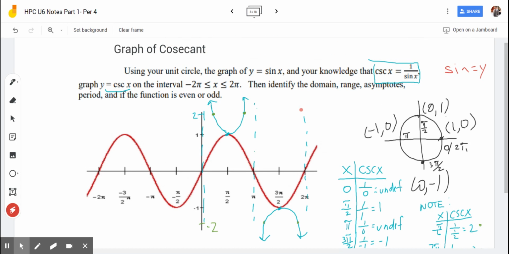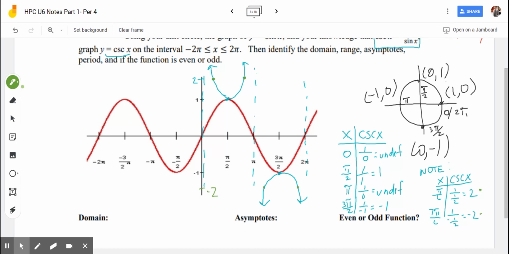And we could do the same on the other side. If we were to graph from 0 to negative pi, we would have an asymptote at negative pi and at negative 2 pi. We would have a relative minimum here at negative 3 pi over 2, 1.